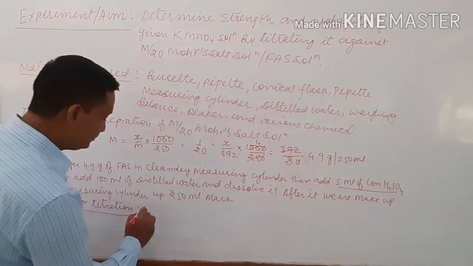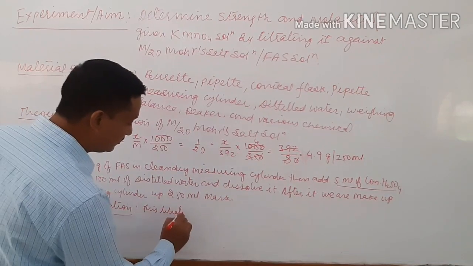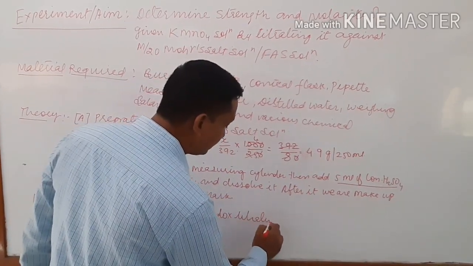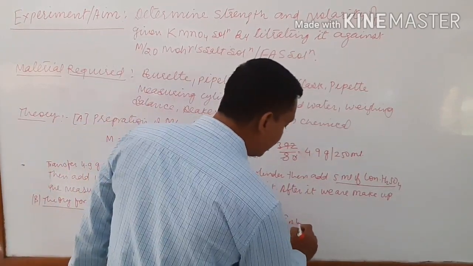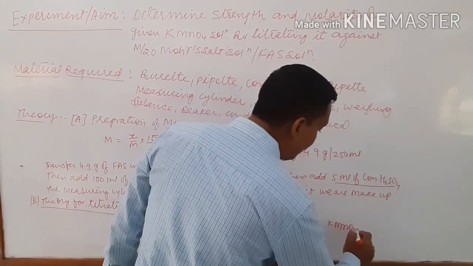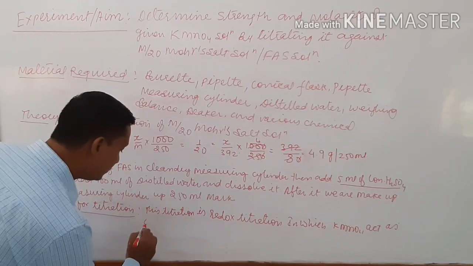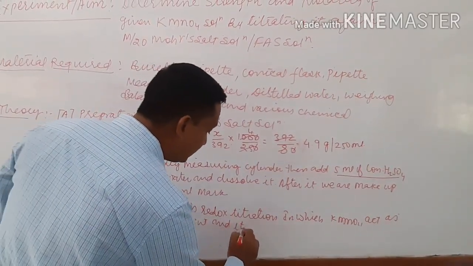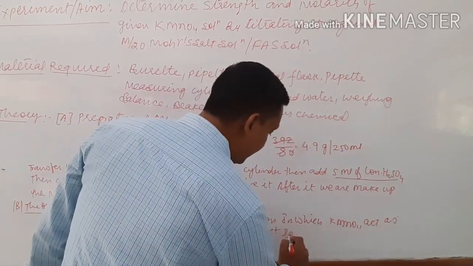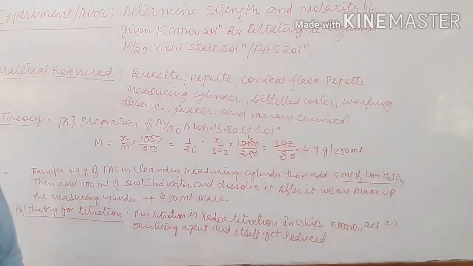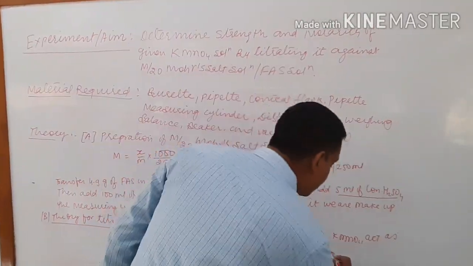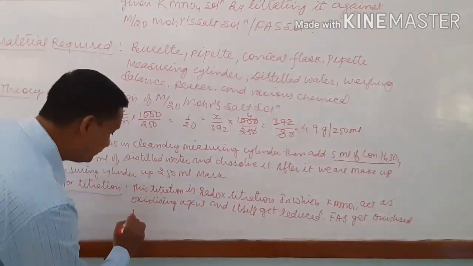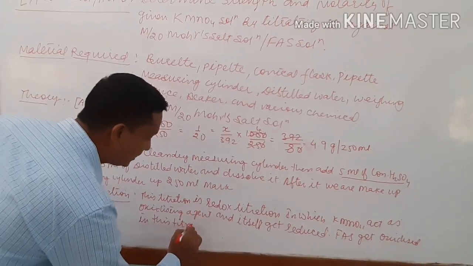This titration is a redox titration in which KMnO4 acts as an oxidizing agent and itself gets reduced. KMnO4 itself gets reduced and behaves like an oxidizing agent. Ferrous ammonium sulfate gets oxidized in this titration.